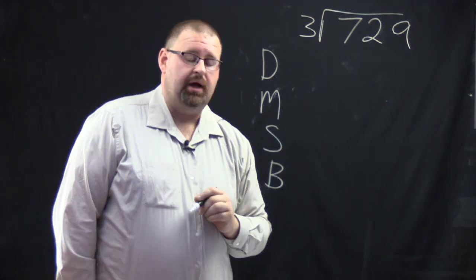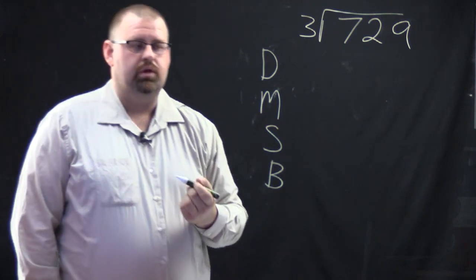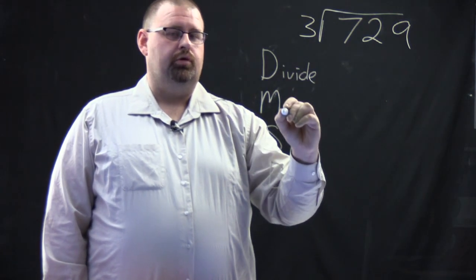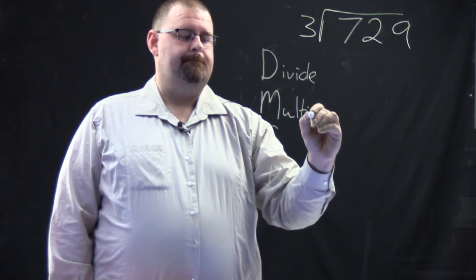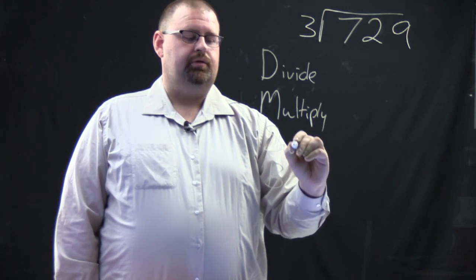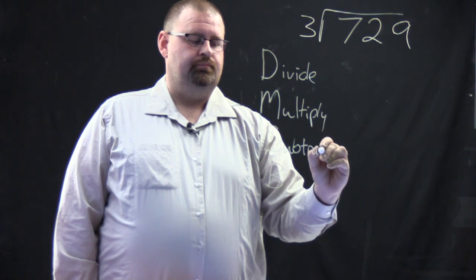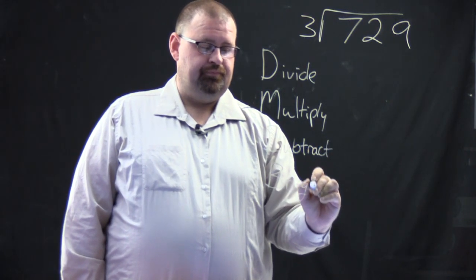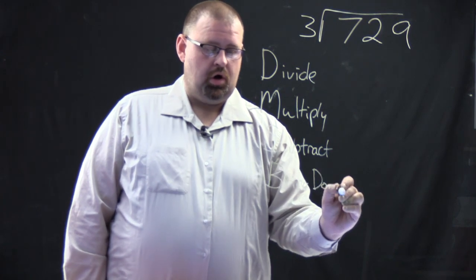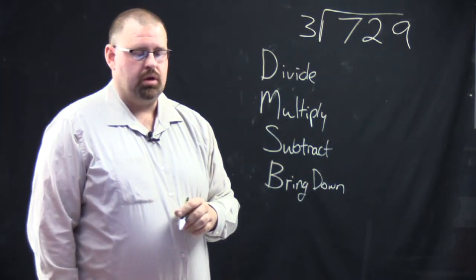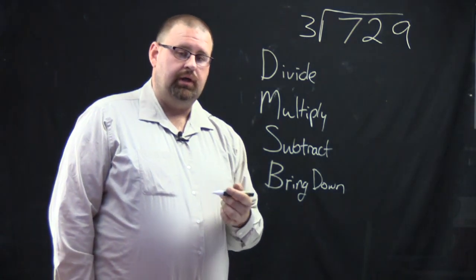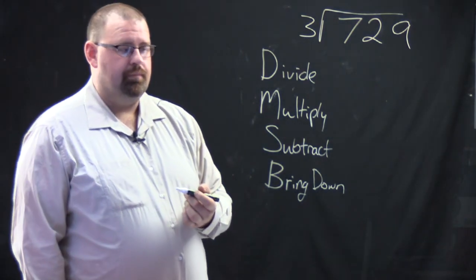And your child should know by now, or students, you should know, this stands for divide, multiply, subtract, and finally, bring down. Now, some people call it, does McDonald's sell burgers? We just use dumb monkeys swing backwards.